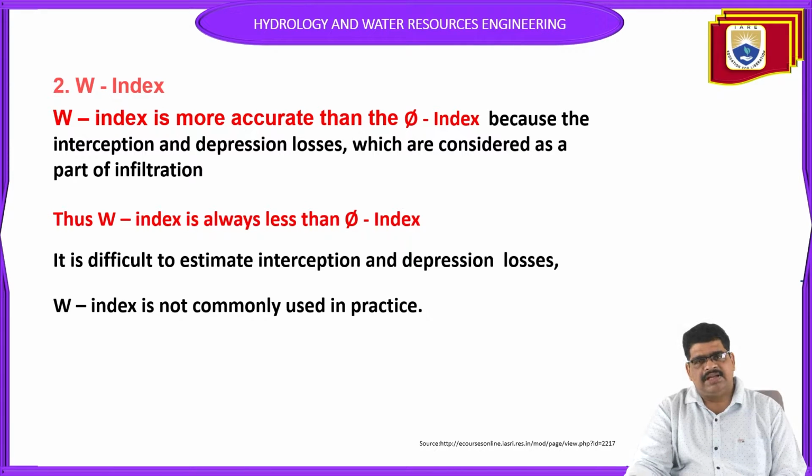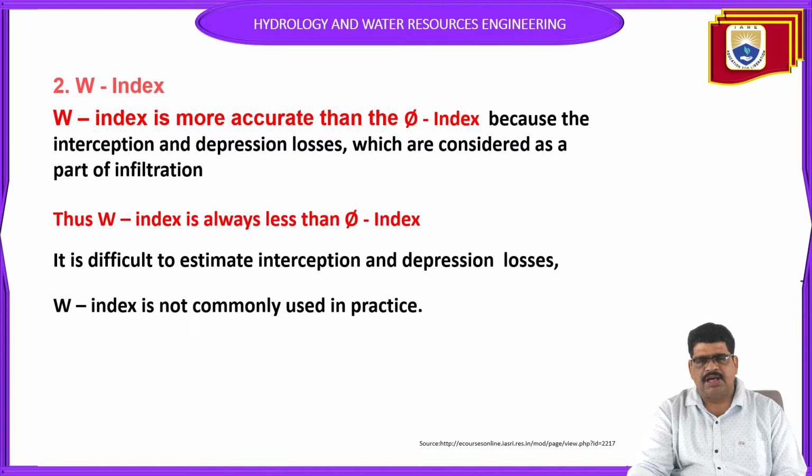Why? As we discussed in the previous lecture, interception losses are the evaporation losses from the atmosphere above the leaves. It is very difficult to calculate such evaporation values, so that is very difficult when compared with the Phi Index. The W index also has a formula.